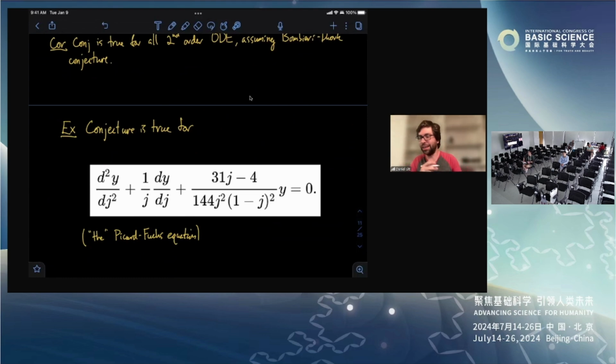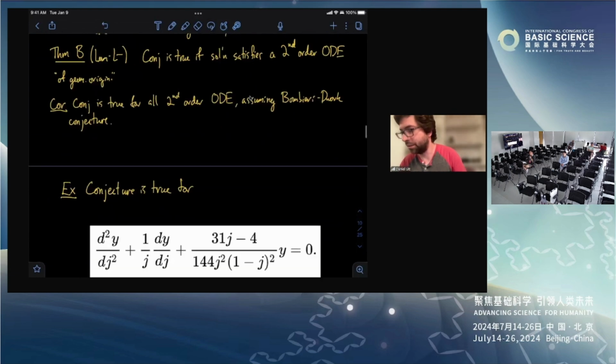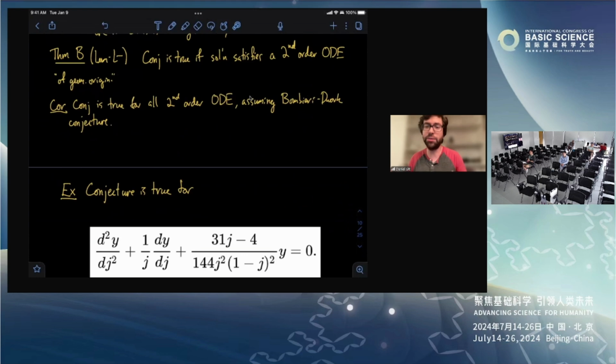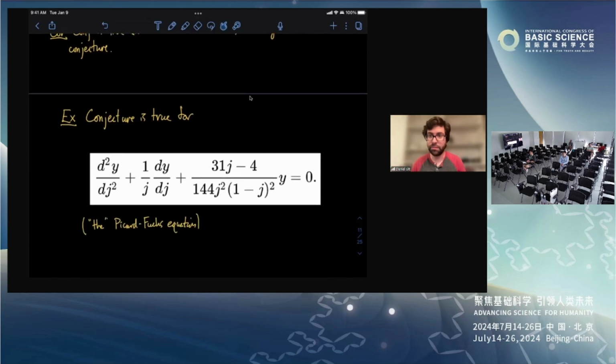I don't think this theorem is rocket science for this particular ODE, but I don't think it's so obvious. You really need the fact that it's true for arbitrary initial conditions. It requires some arithmetic of elliptic curves, and this sort of statement about second order ODE really requires some arithmetic of abelian varieties. There's some number theory going into it. All right. Are there any other questions?